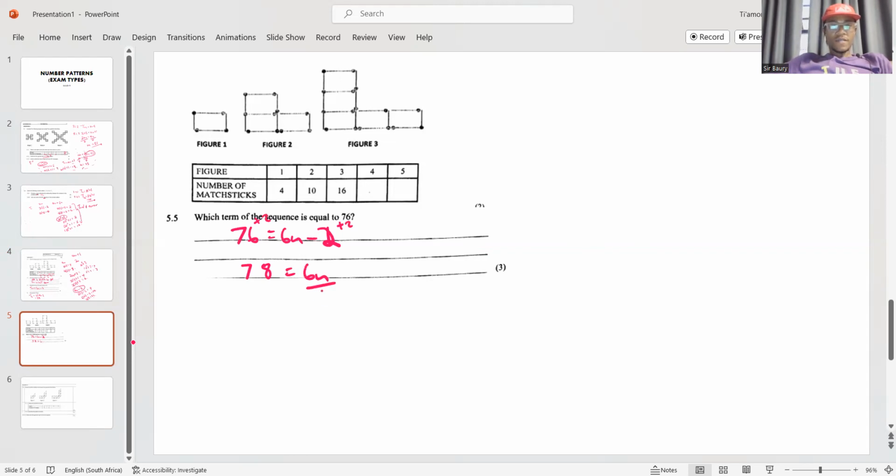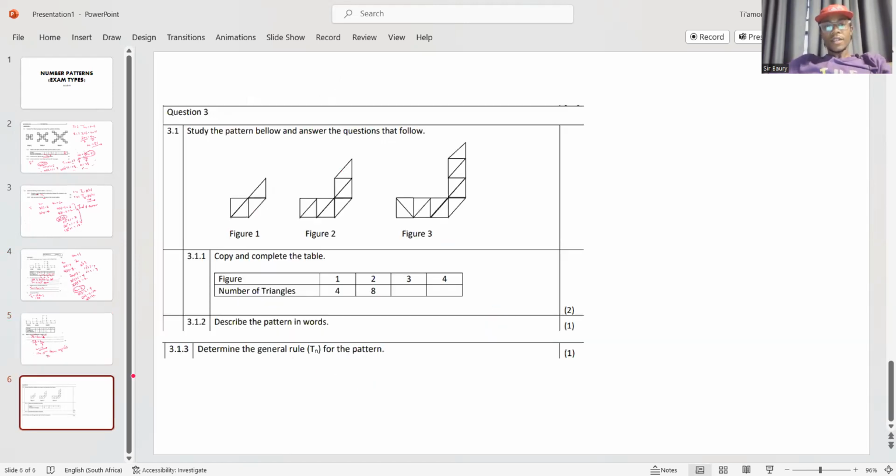So I have 6n divided by 6, so I have 78 divided by 6. My answer is 13. Therefore, the 13th term equals 76.